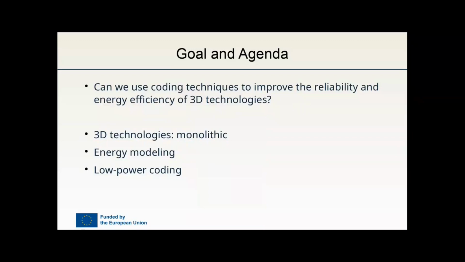Once we are able to model the energy consumption in monolithic 3D technologies, what we would like to propose is some low power coding approaches that can be used to reduce the power consumption. The key challenge in this third point is that since we are addressing monolithic technologies, the amount of wiring of vertical interconnect that we have is huge, so the overhead that we can have for the low power coding has to be extremely simple.